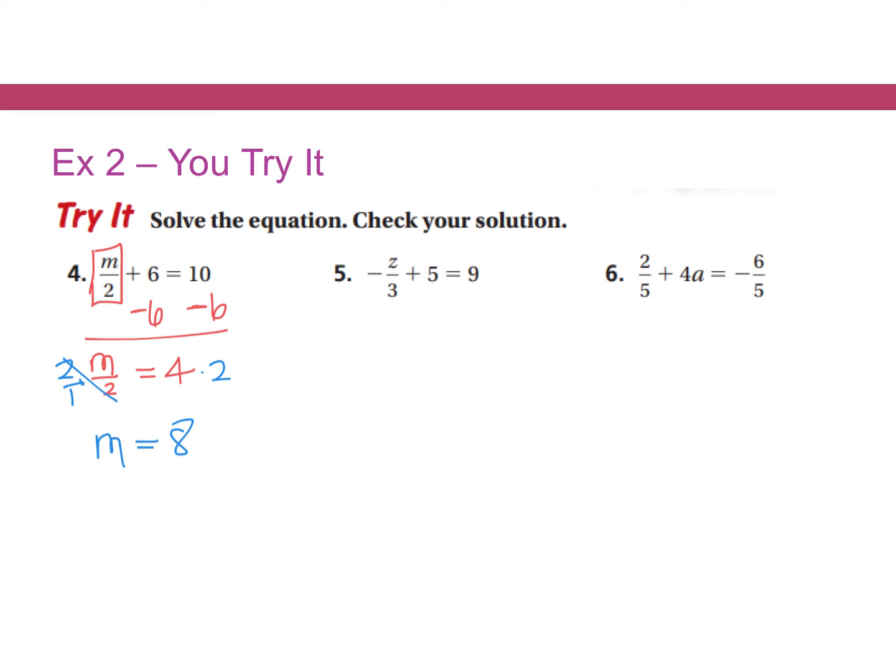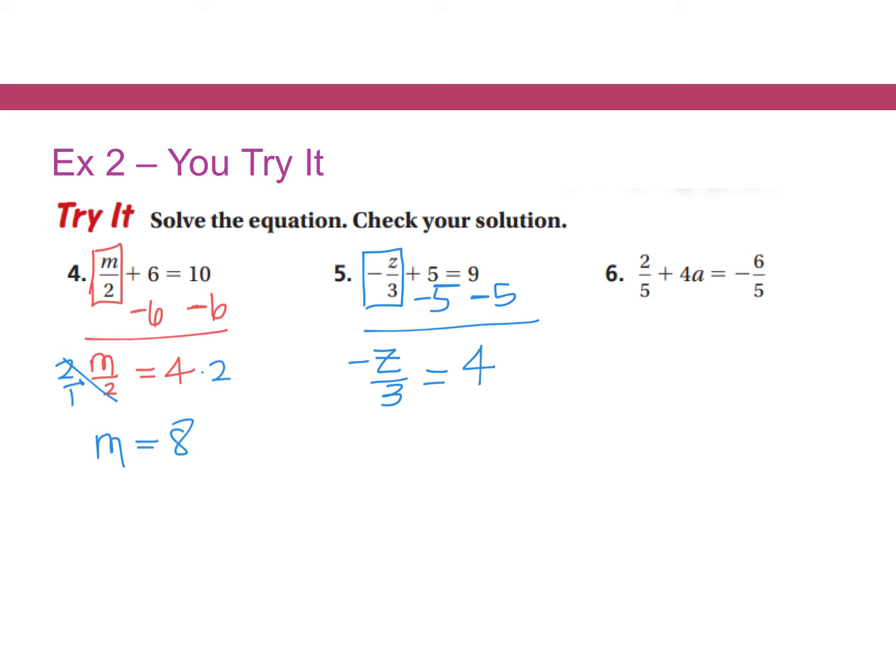Likewise, when I go to number 5, I'm going to kind of section off that negative z divided by 3. I need to undo the addition of 5 by subtracting 5 from both sides. When I do that, I'm left with a negative z divided by 3 equals 4.